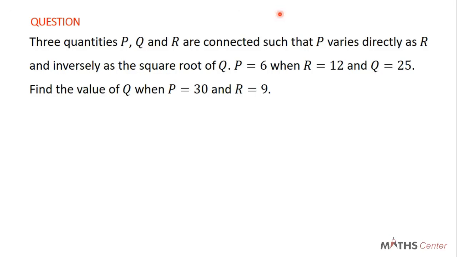So we have been given three quantities, and these three quantities are in a joint variation.